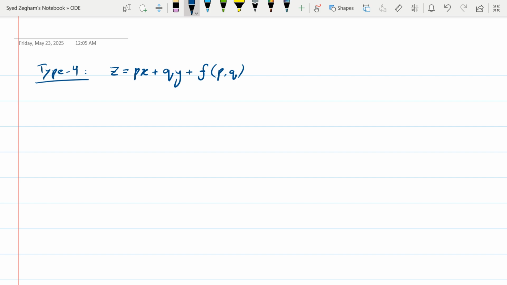If you are observing, you will see that this equation has z, x, y, p as well as q. So all the five it has. And this standard form is actually called the Clairaut's form. So we will be discussing the Clairaut's form today.